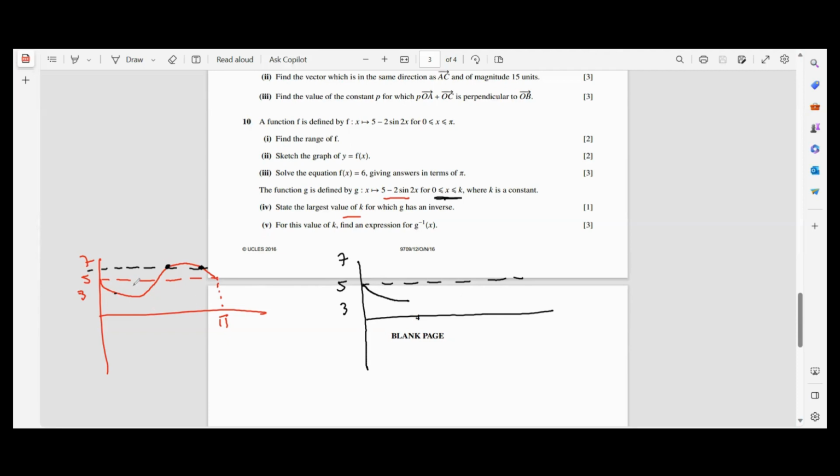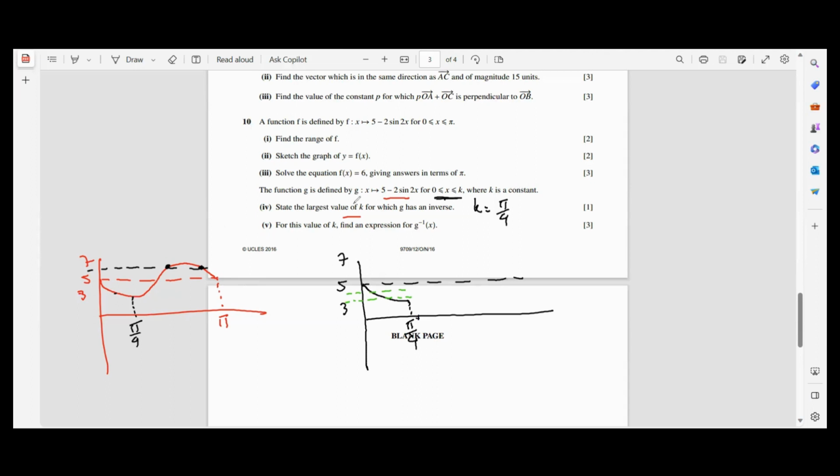This part, only this pi over 4. So the k must be pi over 4. So when we do the horizontal line test, it will only cross 1 point. We randomly do it. Okay, that's for IV.